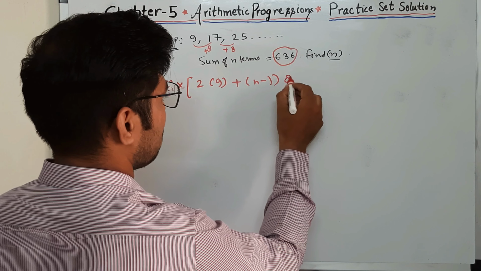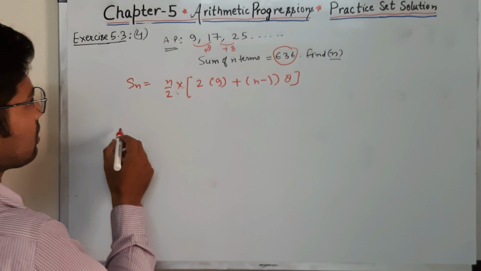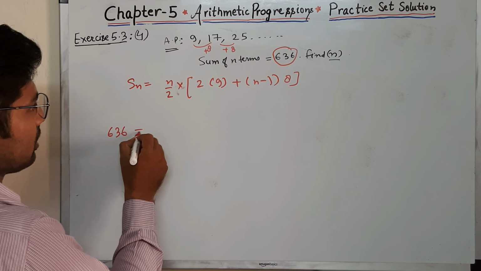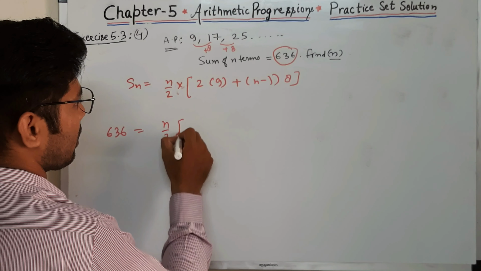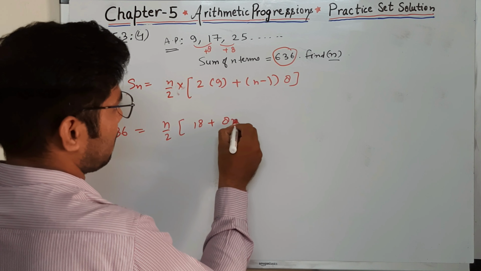Okay, it will be 8, and this sum is 636. n by 2 into 18 plus 8n minus 8.